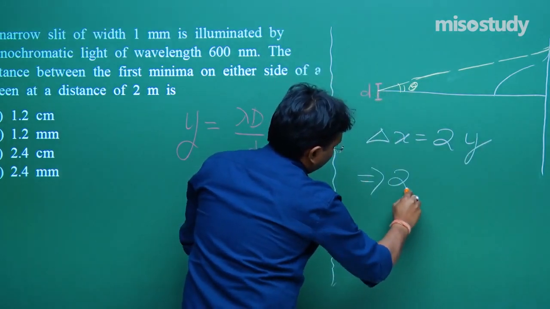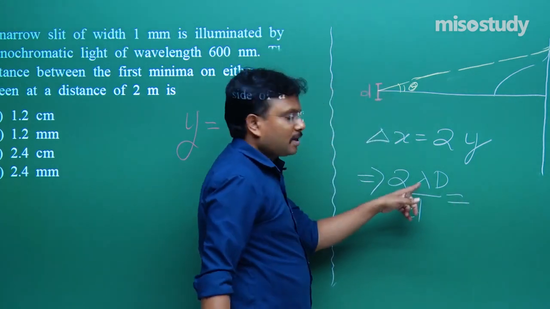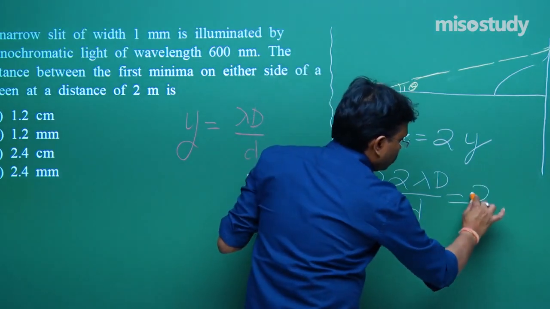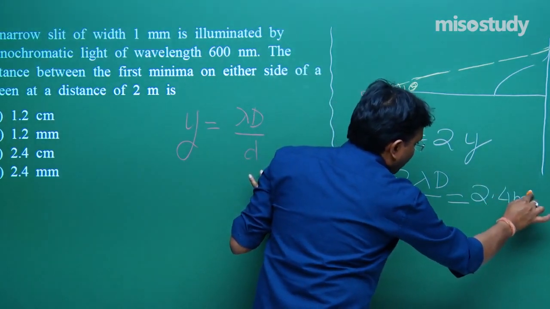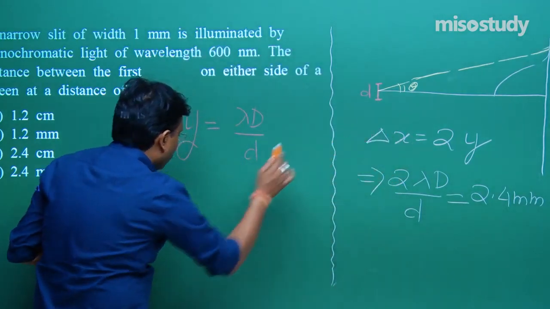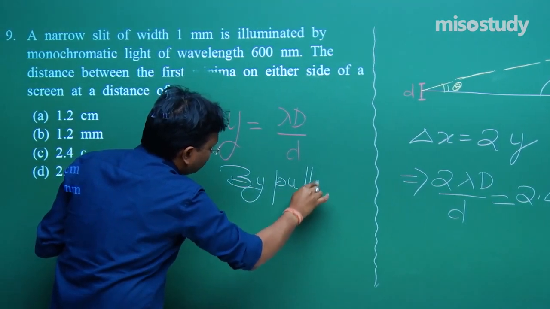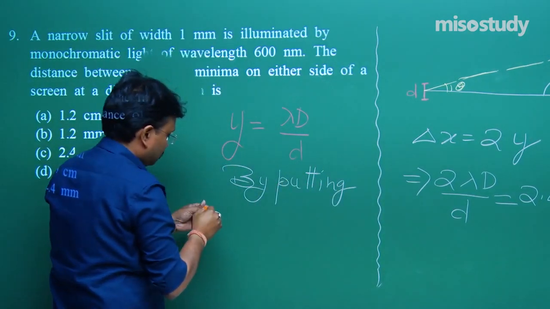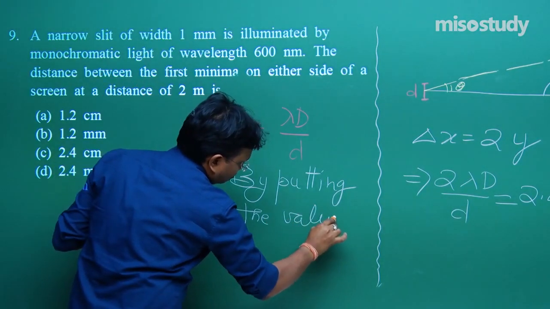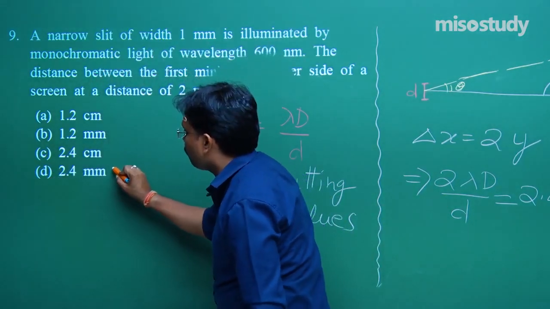This implies that 2 lambda D upon d, put the values, every value is given, lambda, D, small d, directly you will get 2.4 mm. Fine. So, let me allow to write down just one line over here by putting the values. Fine. Answer is 2.4 mm.